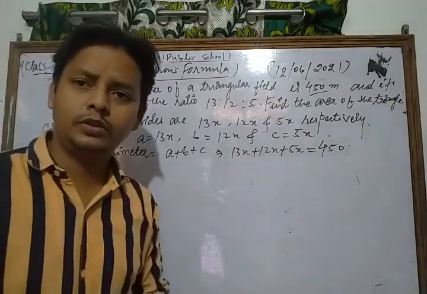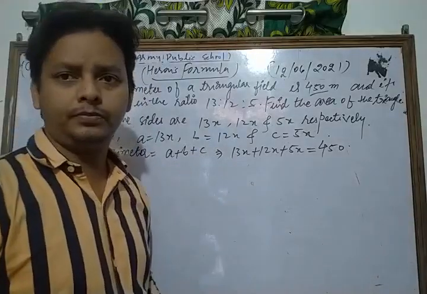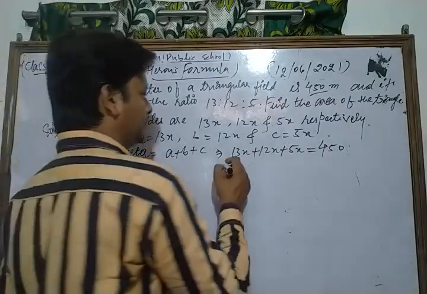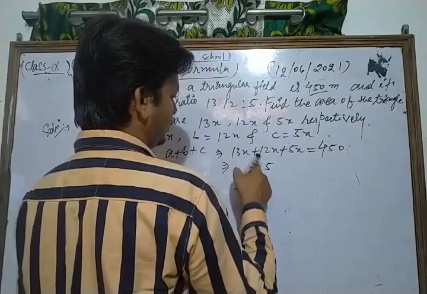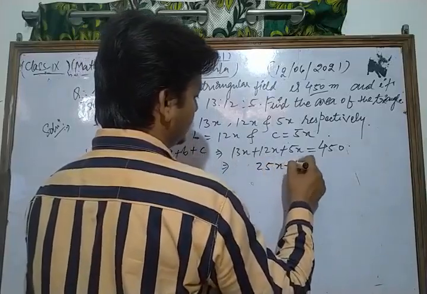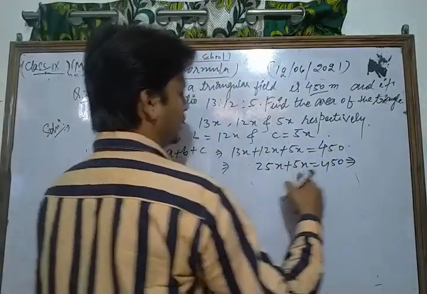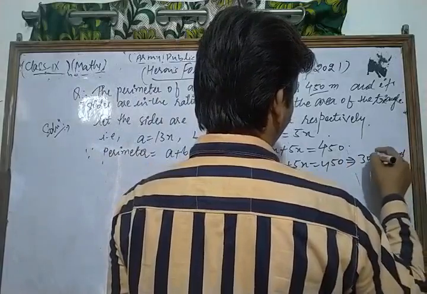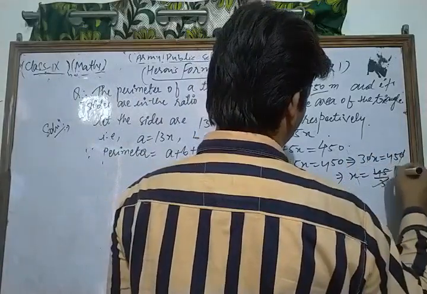Now what I do, dear students, let's see, 13 and 12, that is 25x plus 5x is equal to 450, that is 30x. 30x is equal to 450, the zeros cancel each other, so x is equal to 45 upon 3, that is 15.